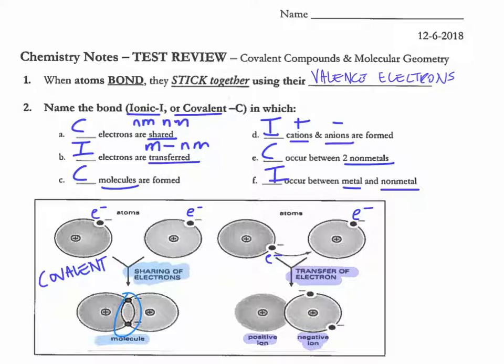So all of these are signs that an ionic compound has been formed. A positive ion, we mentioned up above, is a cation, and a negative ion is an anion. So that means that this must be a metal and this must be a nonmetal, which means these must be two nonmetals on the left.